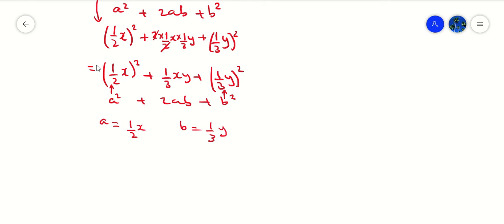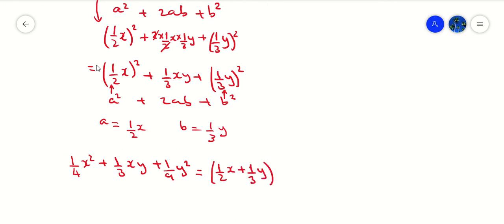So our given expression, which was 1 over 4 x square plus 1 over 3 xy plus 1 over 9 y square, will be the same as what? A plus b. What is my a? Half of x plus what is b? 1/3 of y, whole square. And that will be the end of that. Let's have a look at part B of this example.